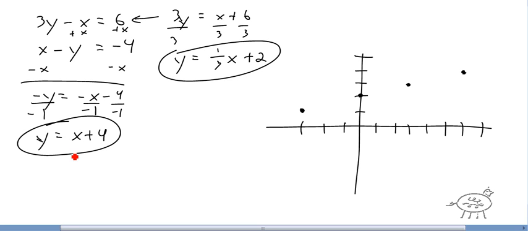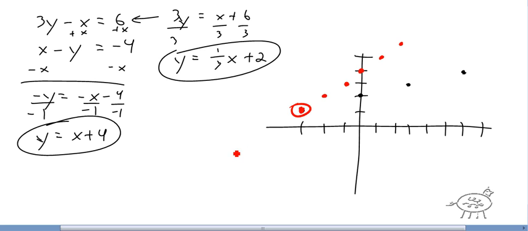Now the other equation: the y-intercept is 4, 1, 2, 3, 4, and it's up 1 over 1. If I keep going up 1 over 1, it's going to be over here. So we've got to go the other way. It's down 1 over 1, down 1 over 1, down 1 over 1. Hey, right there. There's a solution.